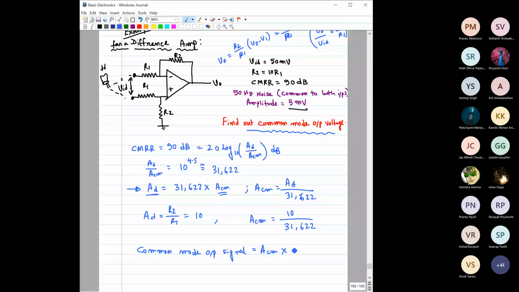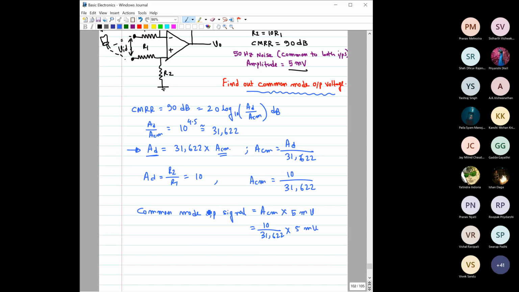So here into that 5 millivolt, right? 5 millivolt is the magnitude of input signal. So it is basically 10 by 31,622 into 5 millivolt, right? So if you calculate it, it would come around 1.58 microvolt.